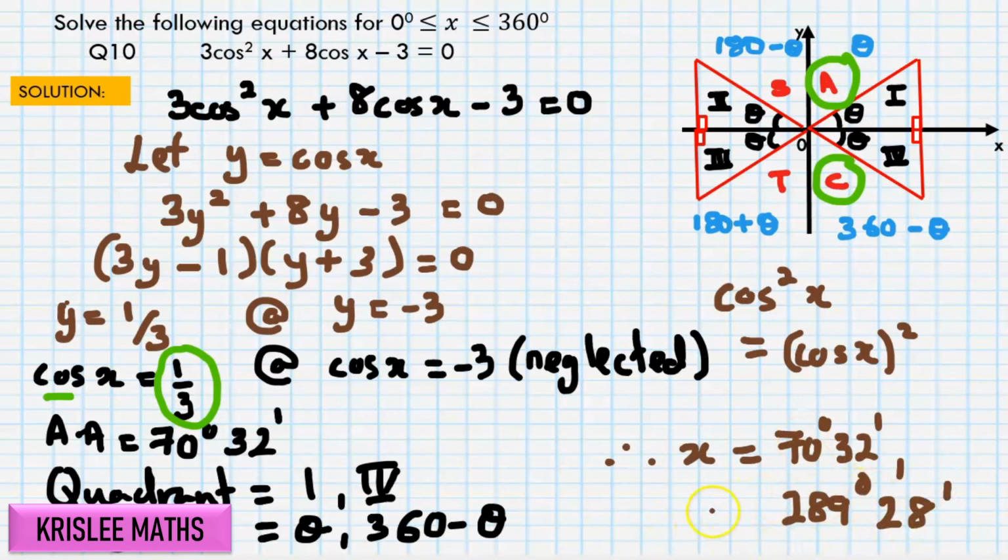So these are the values of x for question 10. In this case I have changed cos x to y. If you prefer, you can straight away continue with the given equation. You factorize and then solve to find the x values.